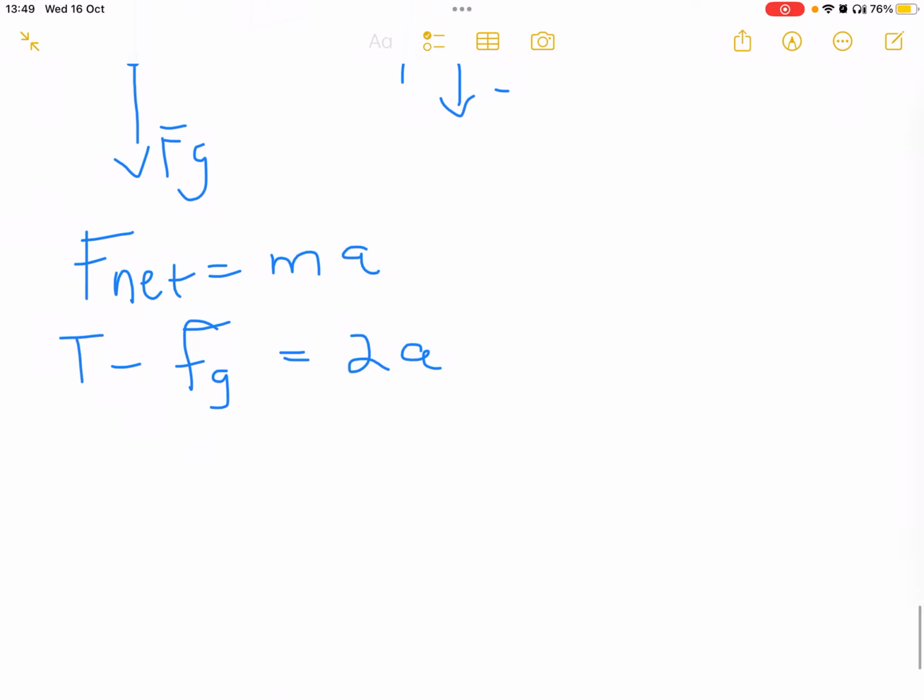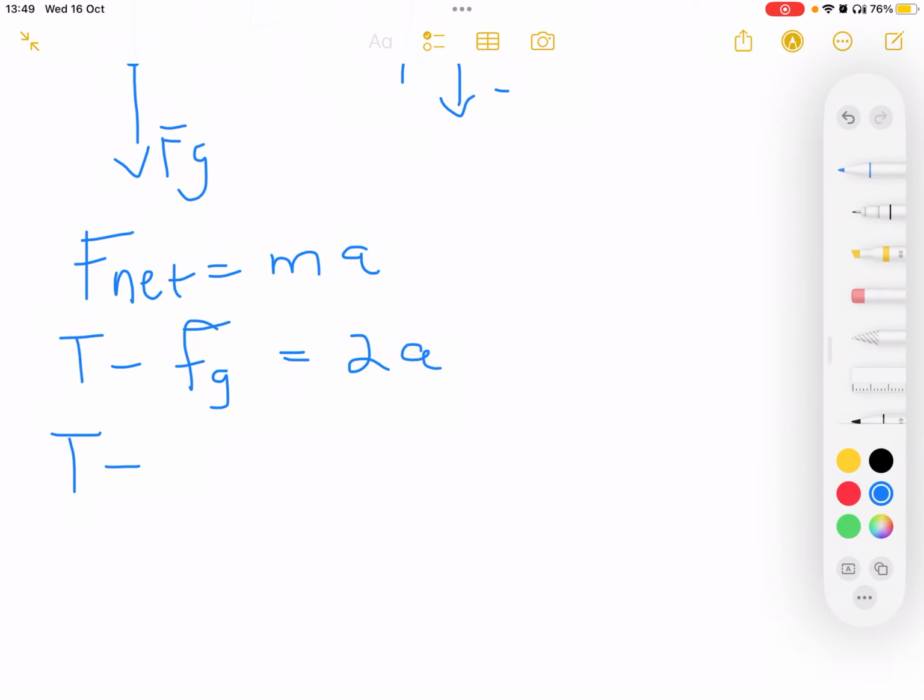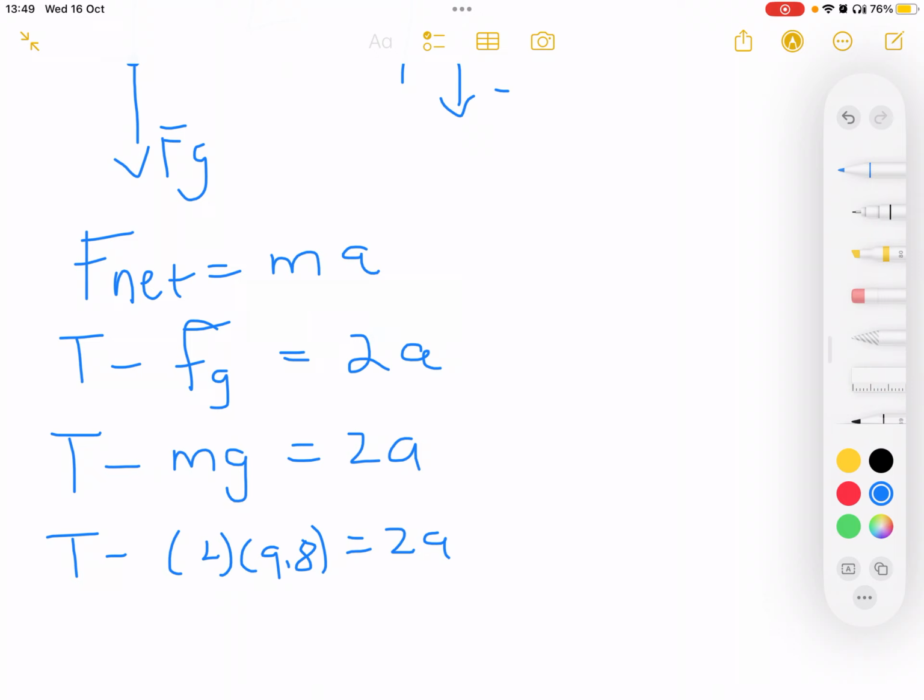Now, T minus mass times gravity is equal to 2a. T minus 2 times 9.8 is equal to 2a. Then T minus 19.6 is equal to 2a.